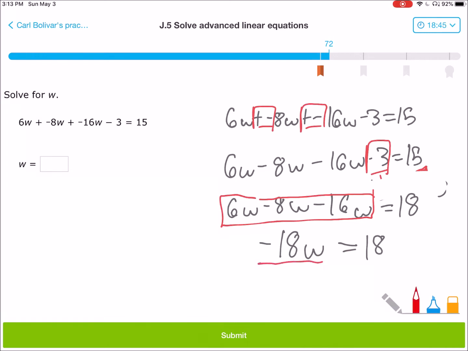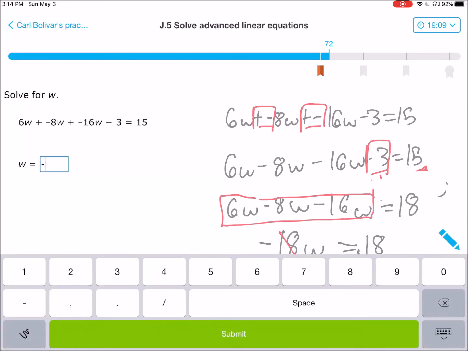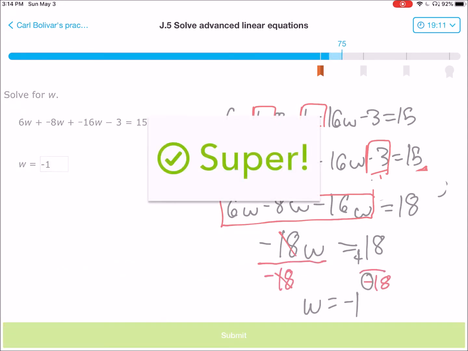Then I'm going to divide by negative 18. Since this is a negative and this is a positive, and they're dividing each other, the answer will be a negative. So what we're left with is w is equal to -1. So our answer is -1. Yay!